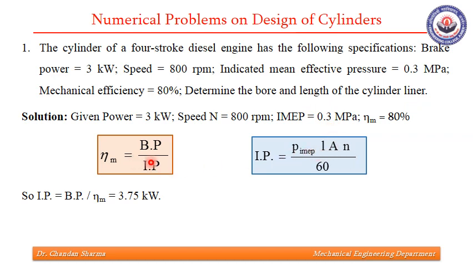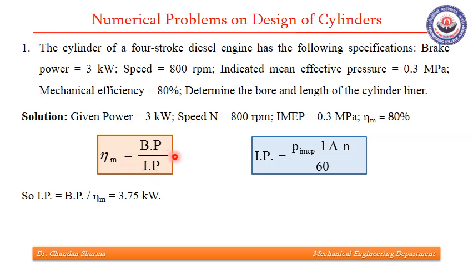You might recall the formulas for the same. We know that eta m is given by the ratio of brake power and indicated power. Since in this question we have been given brake power and eta m, from this equation we will find IP.